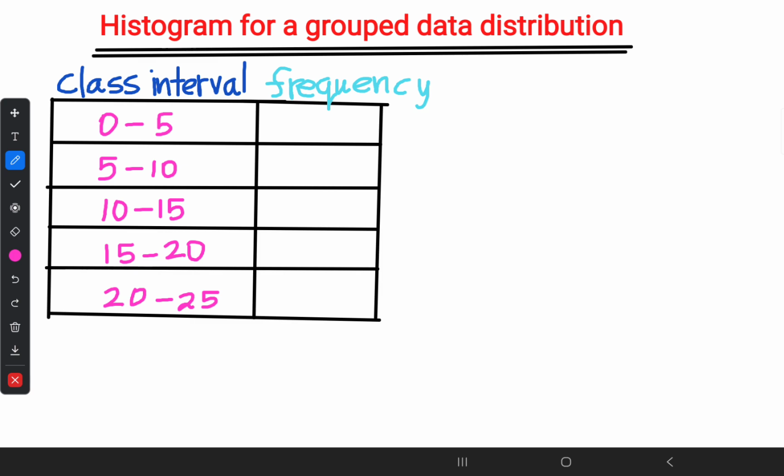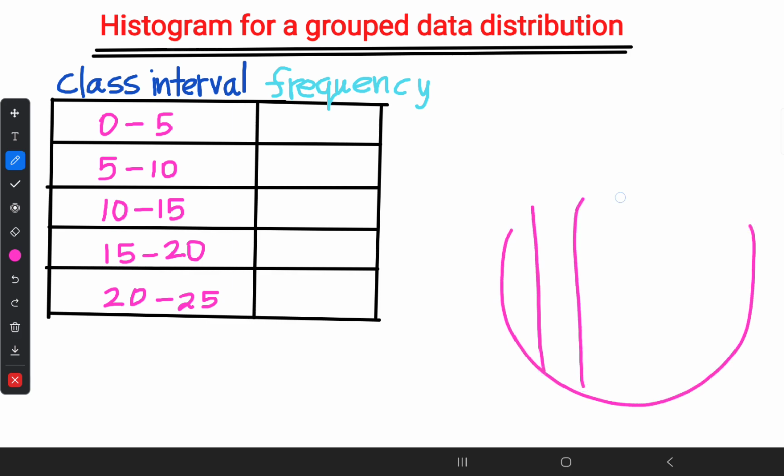But here, I have a doubt about how this 0 to 5 came from. So what is meant by frequency? In a group data distribution, you have several data. For example, in your school assembly, how many students attend from each age? 20 to 25 is not there, so we will take another example.